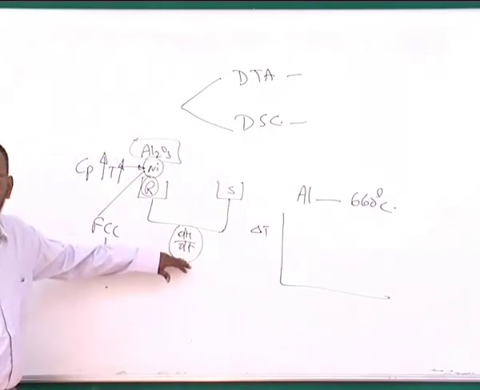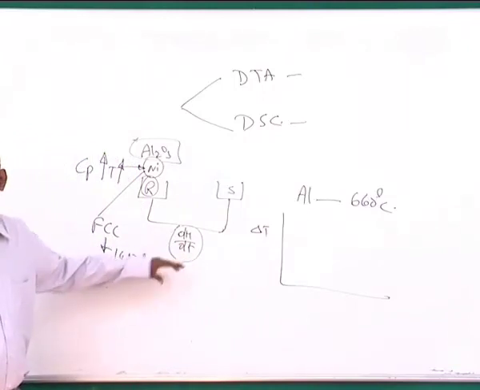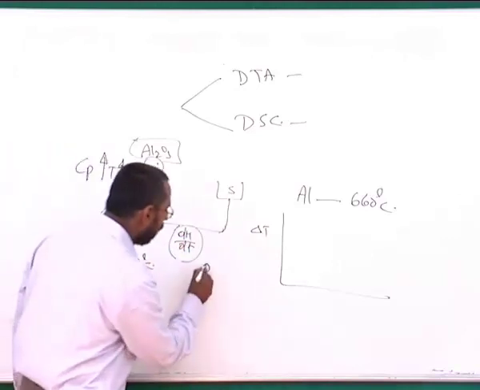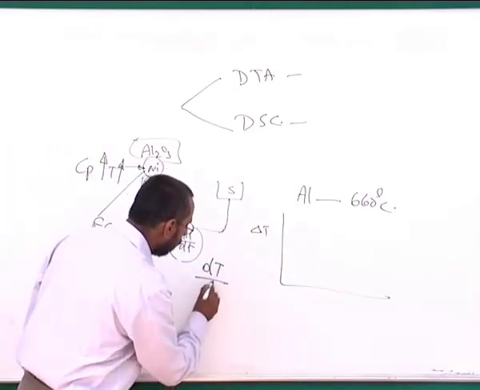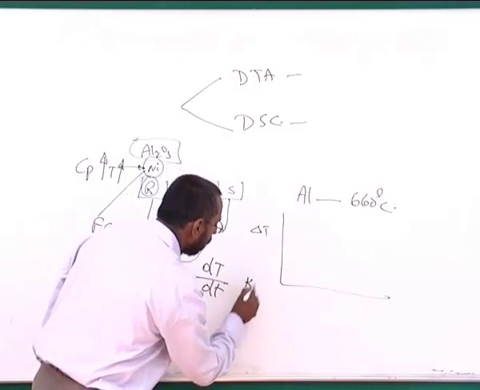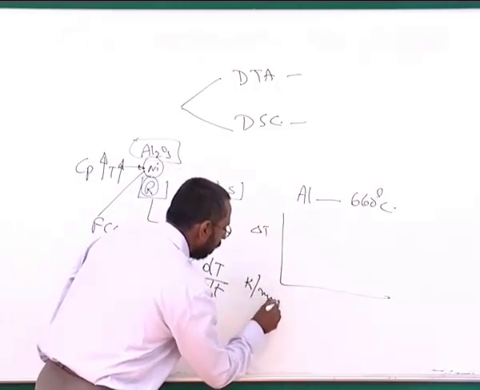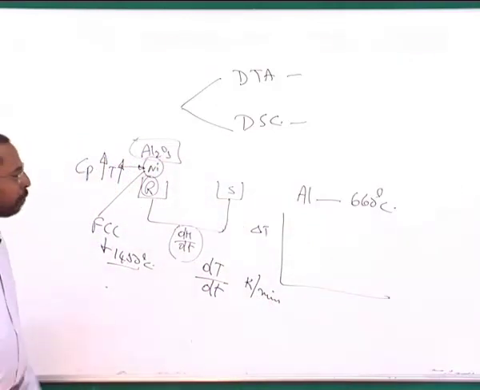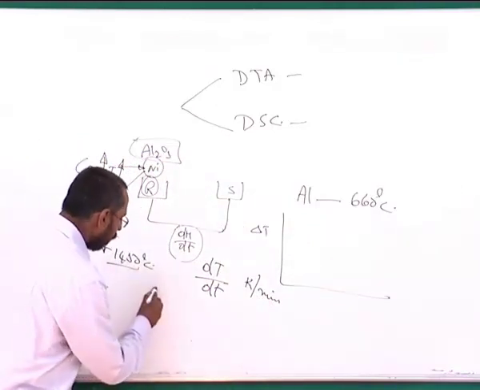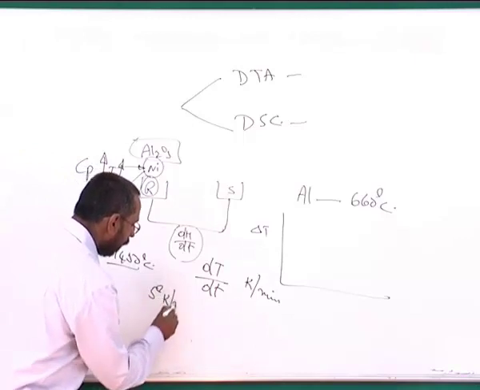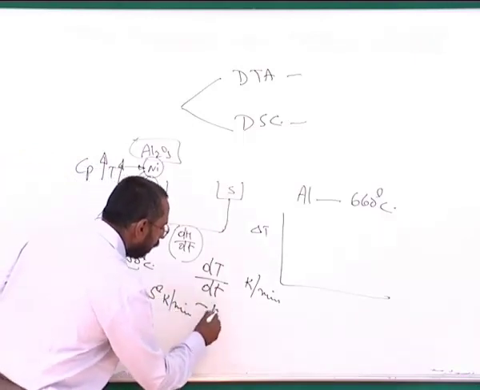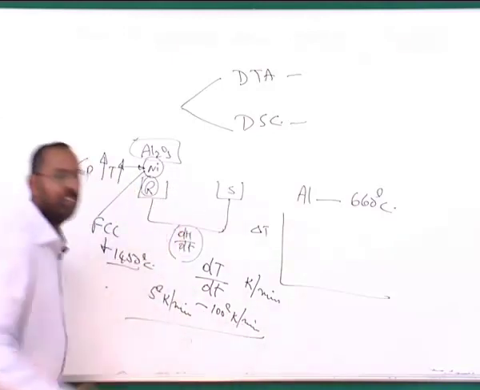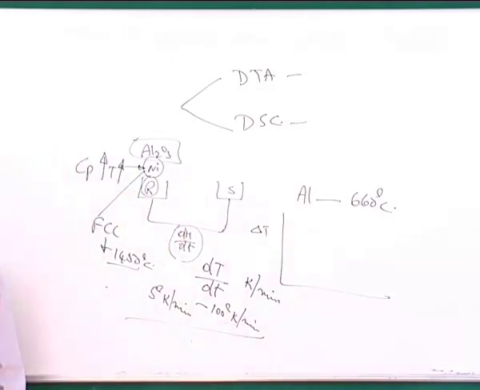My heating rate is fixed, so as a result, temperature and time are linked. The heating rate is a certain number of Kelvin per second or minute. Usually most of these experiments are done in the range of around 5 Kelvin per minute to about 100 Kelvin per minute. This is the range most of these machines operate at.